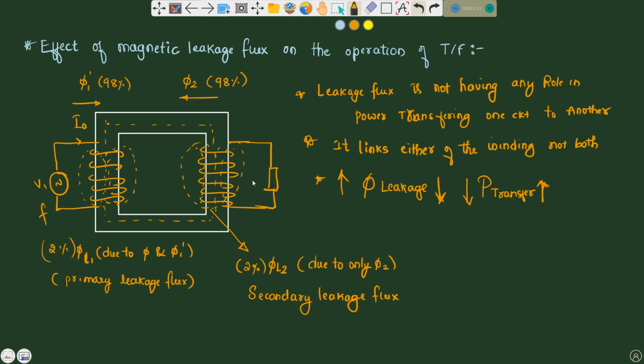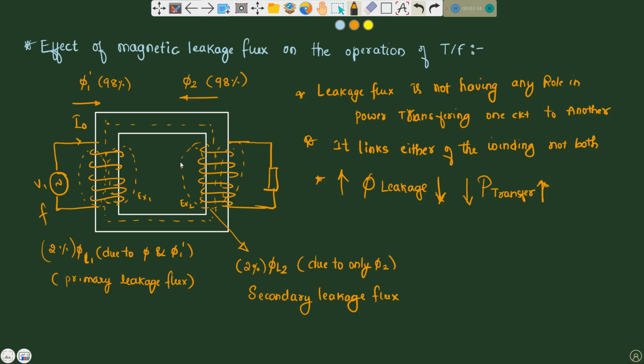Whenever leakage flux is considered at primary or secondary, some additional EMFs will be induced at the primary and secondary, considering them as EX1 and EX2 respectively.